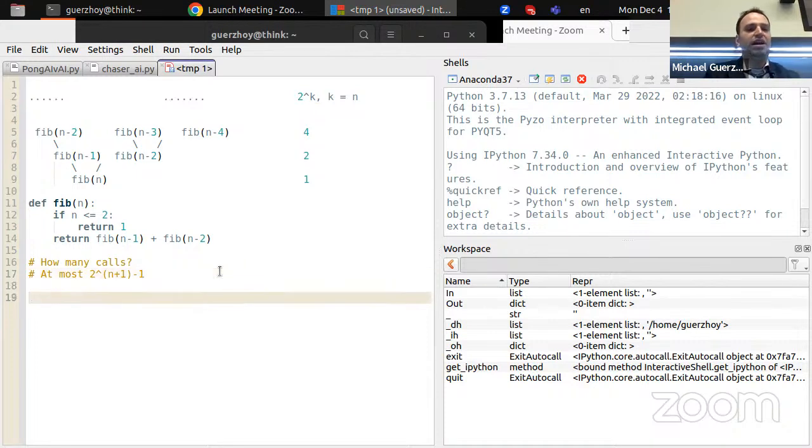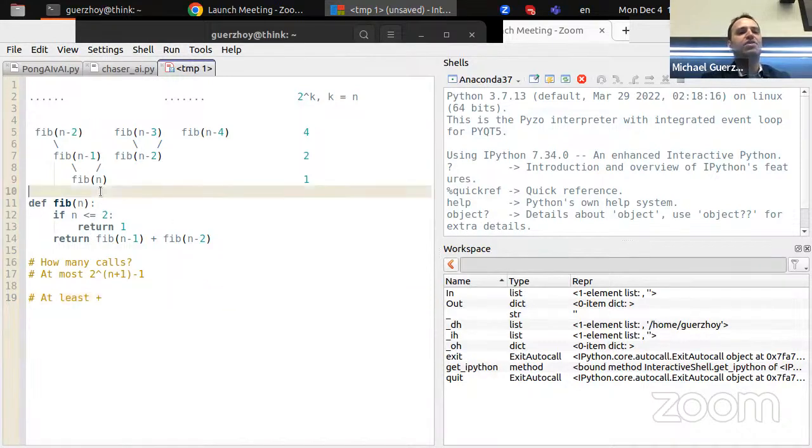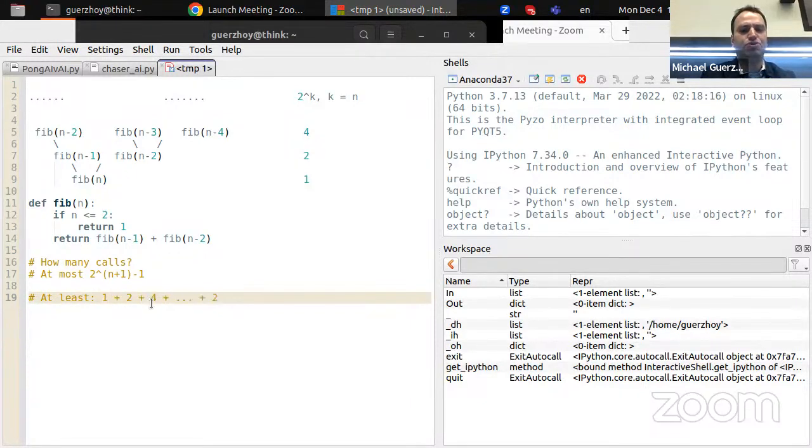So we can say, well, at least, if we go by the length of the shortest branch here, that would be 1 plus 2 plus 4 and so on, plus 2 to the n over 2. Right? So this is assuming that we just count the calls on the levels which are completely full. Does that make sense? Questions? And that's, again, approximately 2 to the n over 2 plus 1 minus 1 using the same formula.